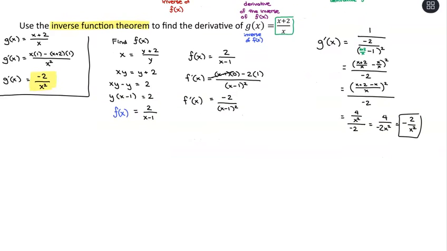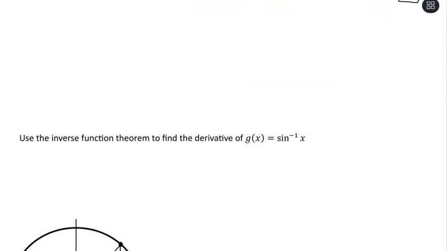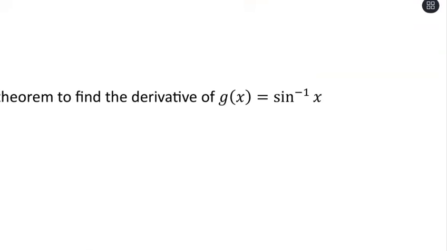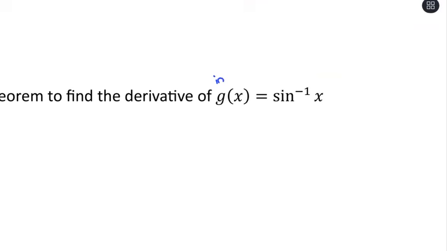So all that to say, let's go on to see what happens if we try to take the derivative of inverse sine of x. And for this one, it's nicer if this is our inverse of f of x, then we know our original function would just be sine of x.